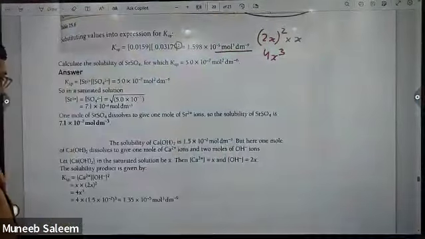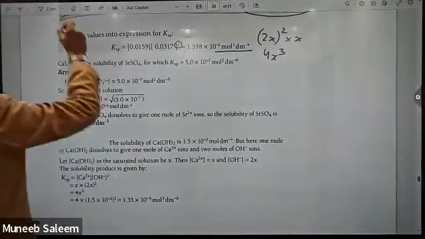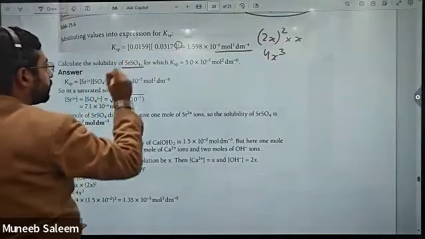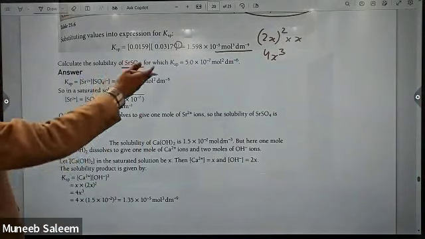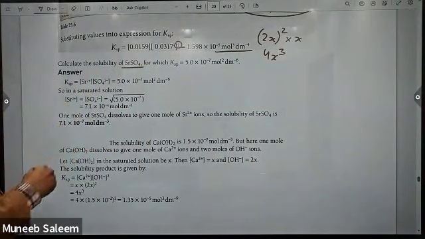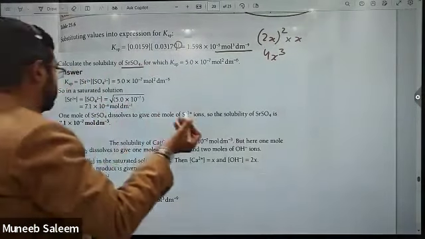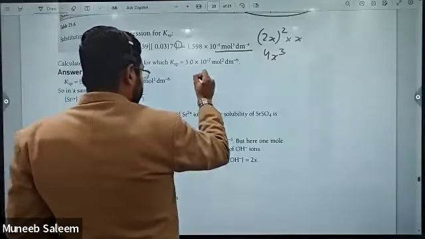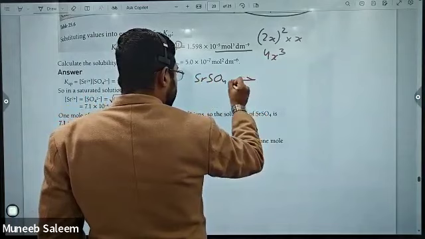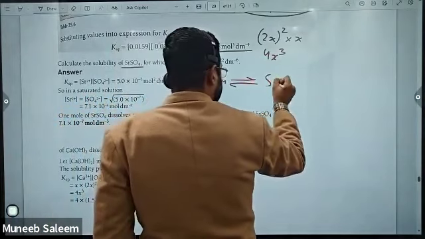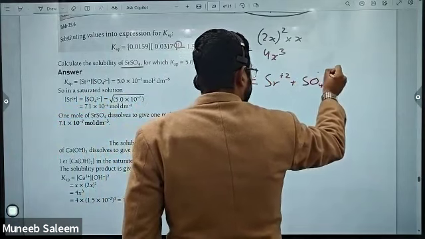There is another question here. Calculate the solubility of strontium sulfate, which is a partially soluble compound, for which KSP is given. So KSP is given, you have to calculate the solubility. First of all, you will write the equilibrium reaction, which is not given here. So strontium sulfate will convert into strontium plus 2 and sulfate minus 2.